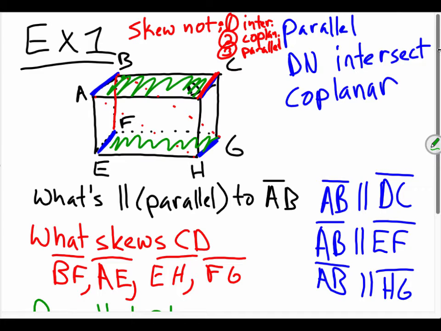What's another set? Yes. ADEH is parallel to BCFG. Oh, yeah, the front of the box, right? So she's saying that the front of this box from here to here to here is parallel with the back of the box. Right?